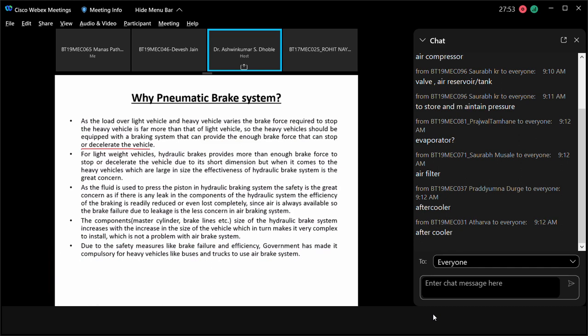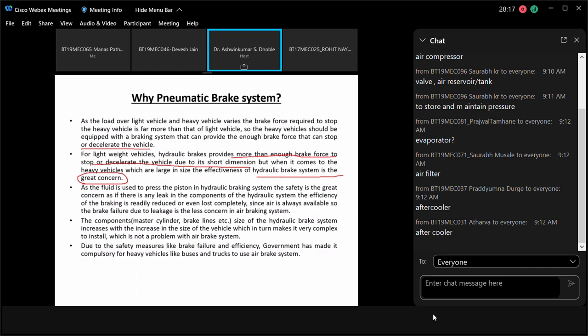For lightweight vehicles, hydraulic brakes provide more than enough brake force to stop or decelerate the vehicle due to its short dimension. But when it comes to heavy vehicles, which are large in size, the effectiveness of the hydraulic brake is a great concern.